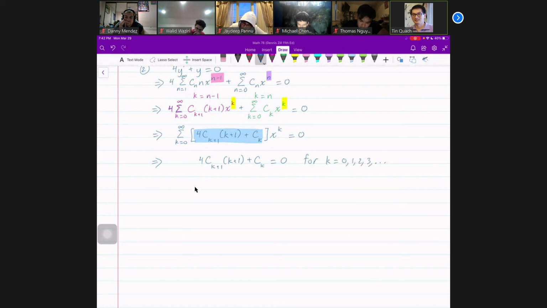So now you have to find a bunch of coefficients. Okay, so from here, let's get the formula. So you know c sub k plus 1 is equal to negative c sub k over 4 times k plus 1.